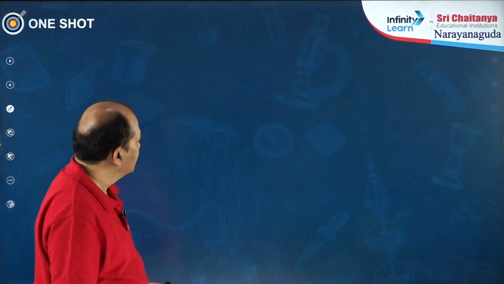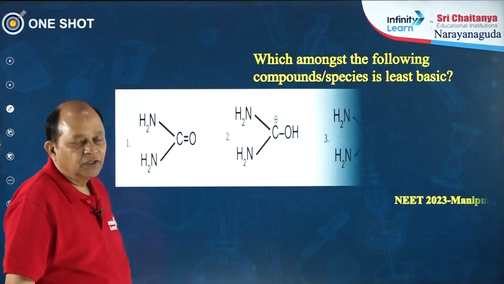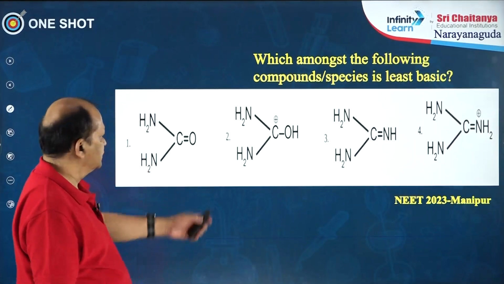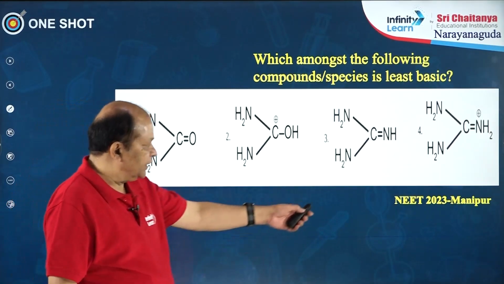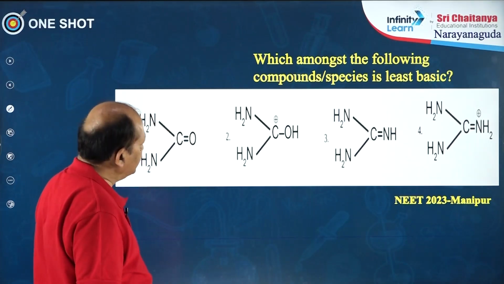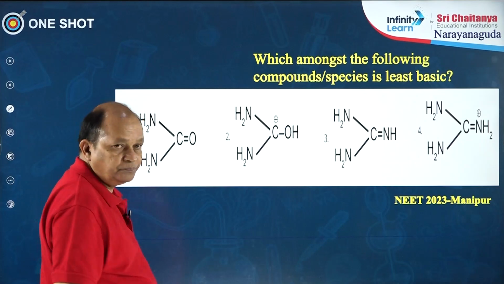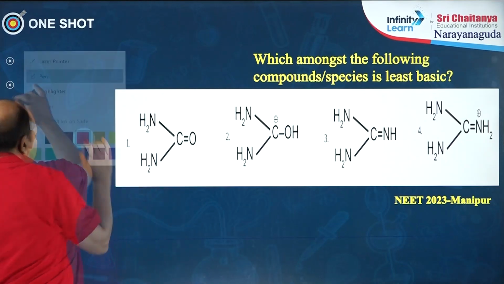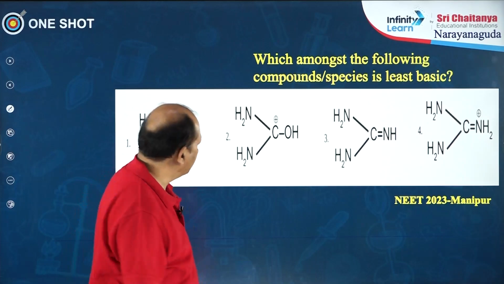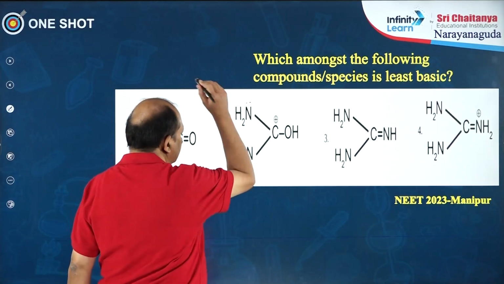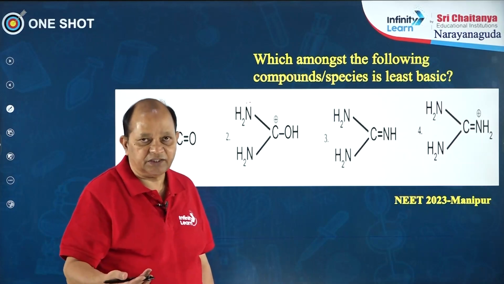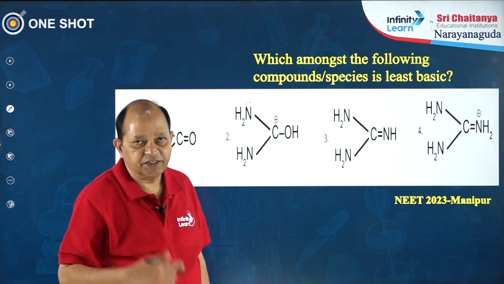Okay. Now, I am going to discuss some questions that were asked in previous NEETs. This is the first question, NEET 2023 Manipur. Which among the following is least basic? We already discussed that the basic strength of a compound depends upon the availability of the lone pair of electrons. The greater the electron density on the nitrogen, the more basic the nature.